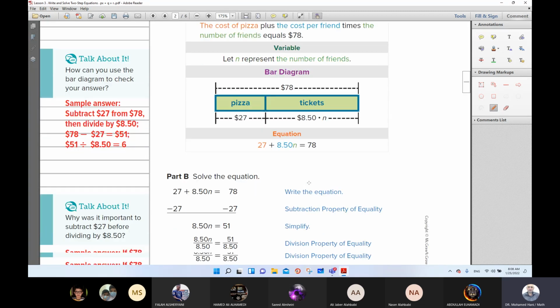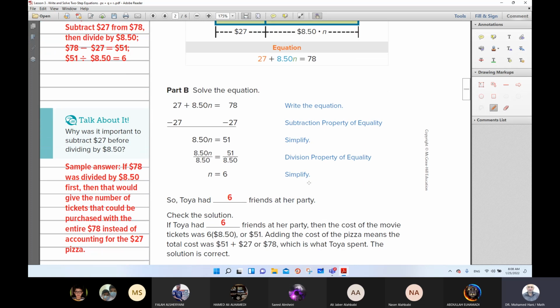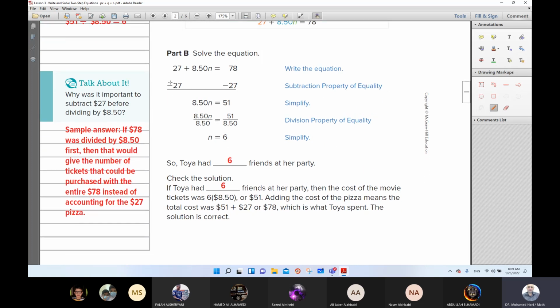The second step, we want to solve the equation. 27 plus 8.50n equals 78. Always when you want to solve any equation, try to keep the variable alone on one side. So at first, we want to remove the constant.